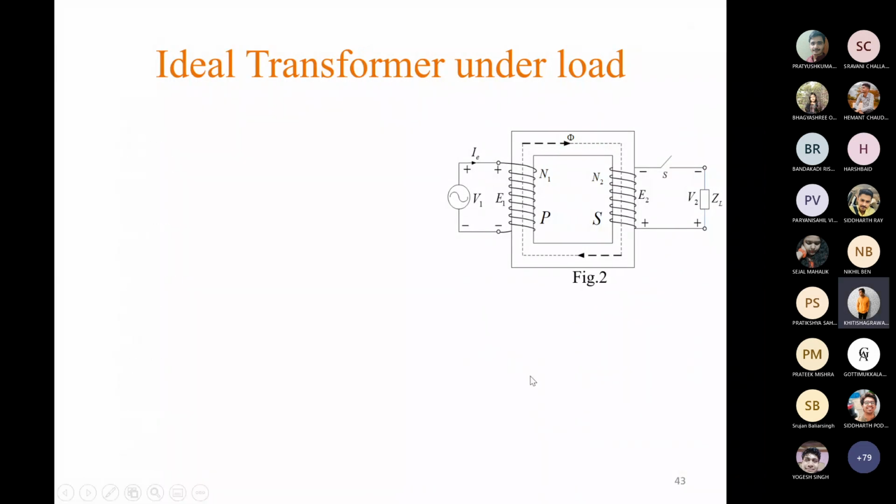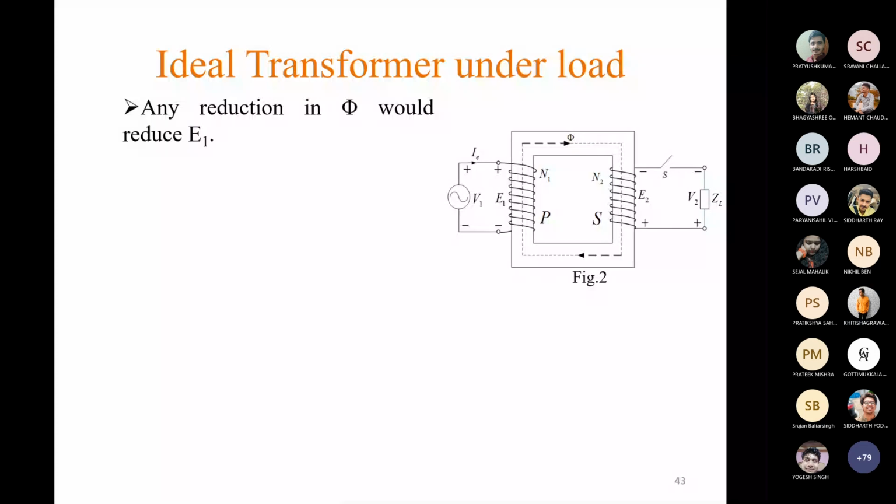EMF induced reduces. Yes, EMF E1 as well as E2 both will reduce. Okay, so let us consider the reduction of E1 only. What will happen if E1 reduces? So if phi reduces, E1 will reduce.